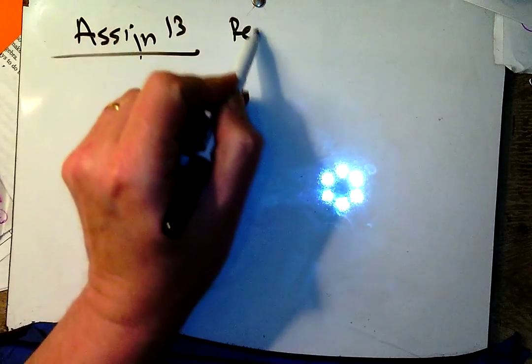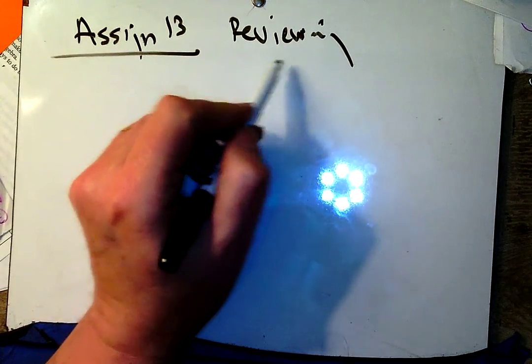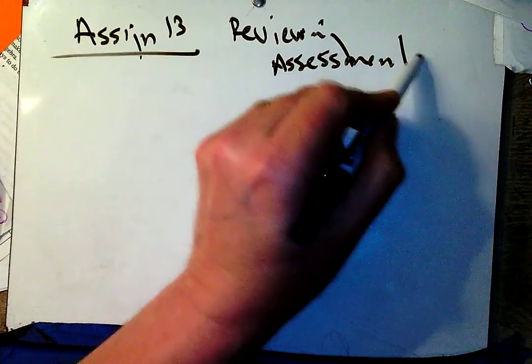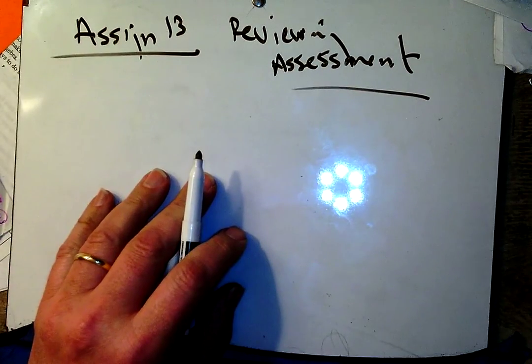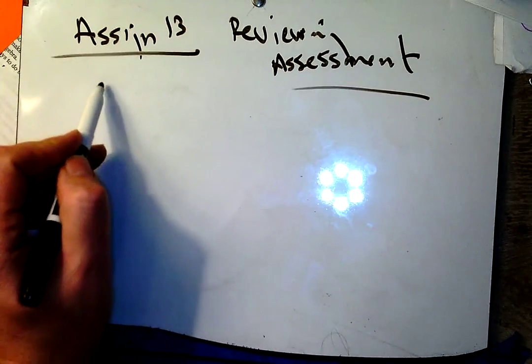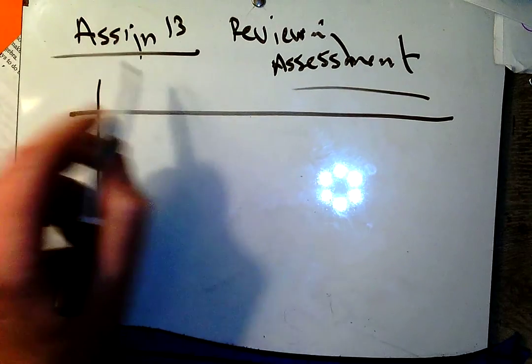We're going to begin reviewing for our assessment. So in the Trig Basics unit, there was a whole lot of new vocabulary, and this whole thing about radians. So let's look at some things.